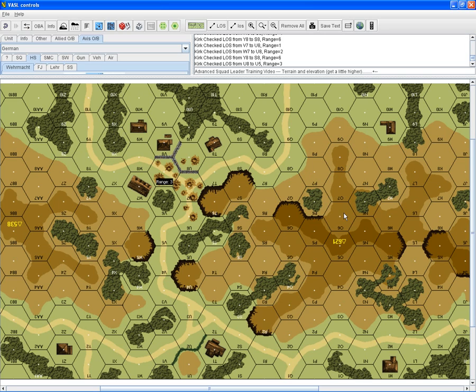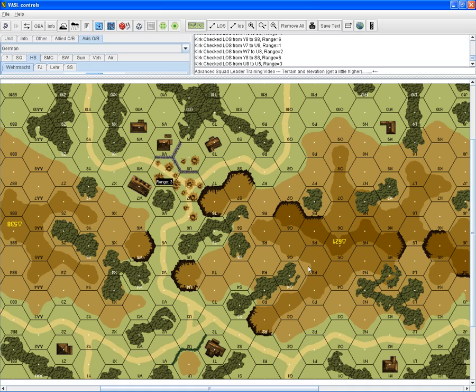O8, O7, O6, P3, Q3, all of this medium shade of brown is level 2. And Q6, P5, O5, N5, and M5, this dark brown, is considered level 3. So the green is level 0, the light brown is level 1, the medium brown is level 2, and the dark brown is level 3.